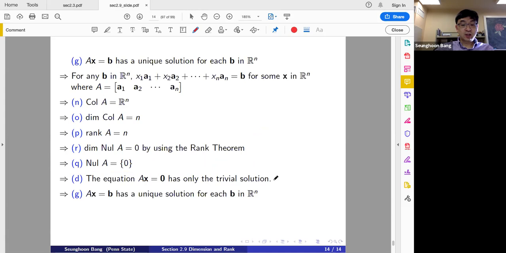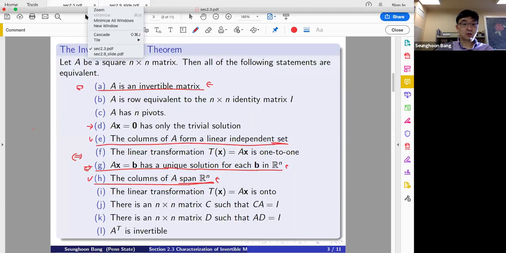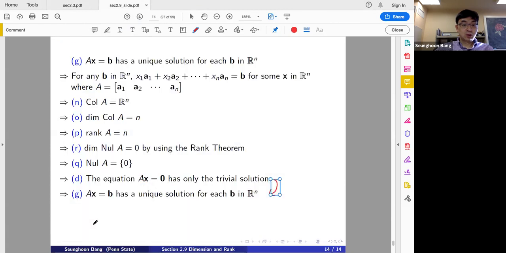This meaning goes back to G: AX equals B has a unique solution for each B in Rn. Remember D: AX equals 0 has only the trivial solution, which is equivalent to AX equals B having a unique solution for each B in Rn. So here, this is true.